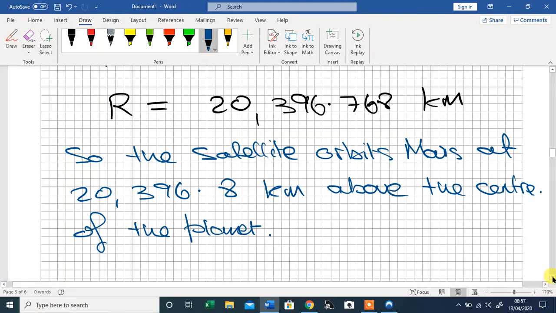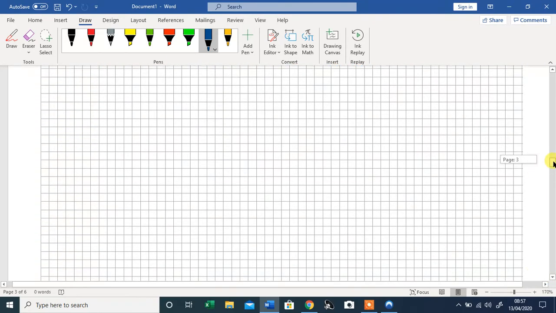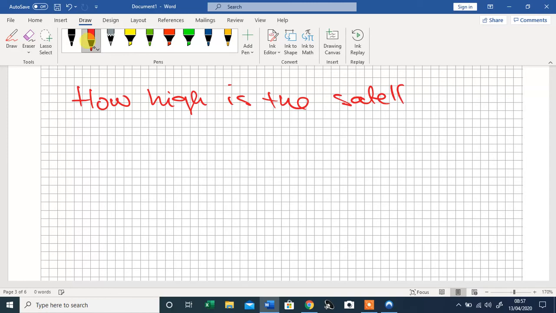Now, how high is the satellite above Mars's surface?